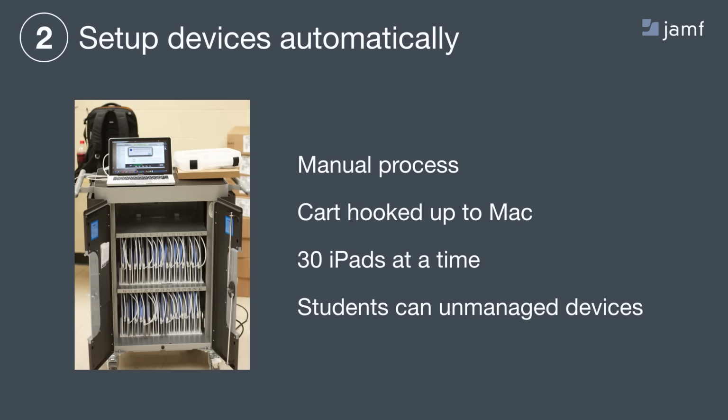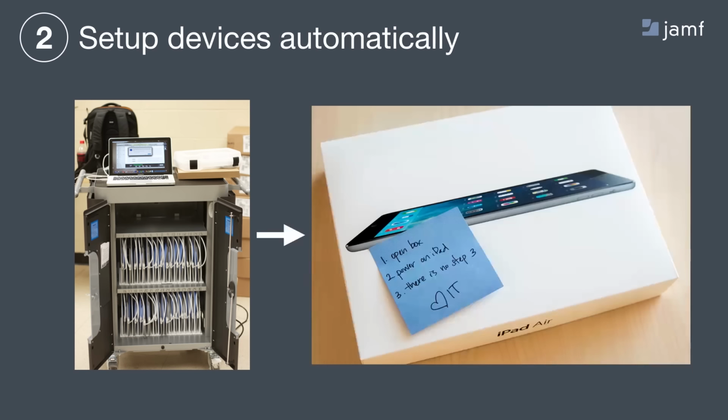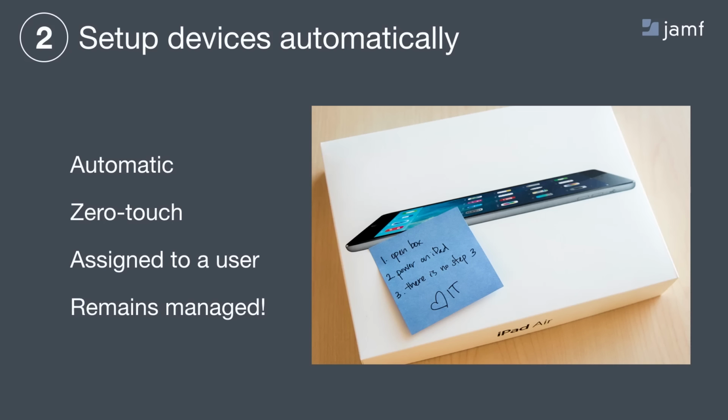And typically, students, if they know what they're doing, can unmanage these devices, which creates a really tough situation for IT. Versus if you use Apple School Manager to automate this process, it is completely automatic. We refer to this as our zero-touch deployment because IT doesn't need to touch these devices at all.